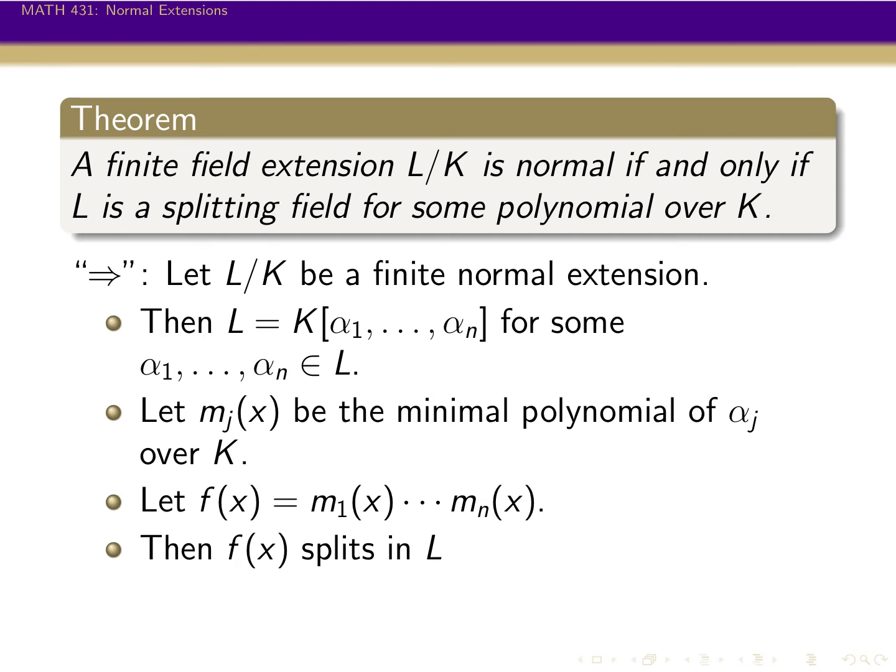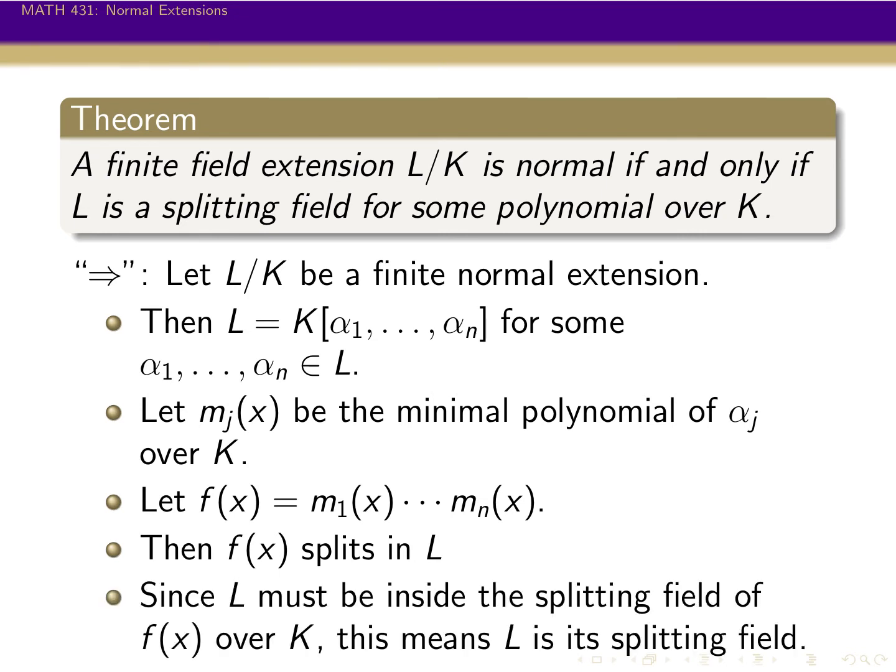And so it goes through for all of the mj's, and overall we conclude that f of x has to split in L. So the splitting field for f of x must be inside of L. On the other hand, L must also be inside the splitting field of f of x, because if you look at how L is written, it's K adjoin some of the roots, and the splitting field would just be K adjoin those roots and some other ones, and so L must be a subfield of it then.